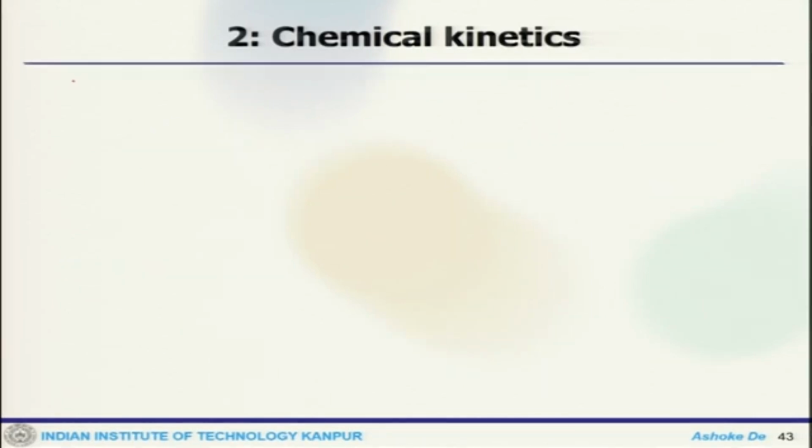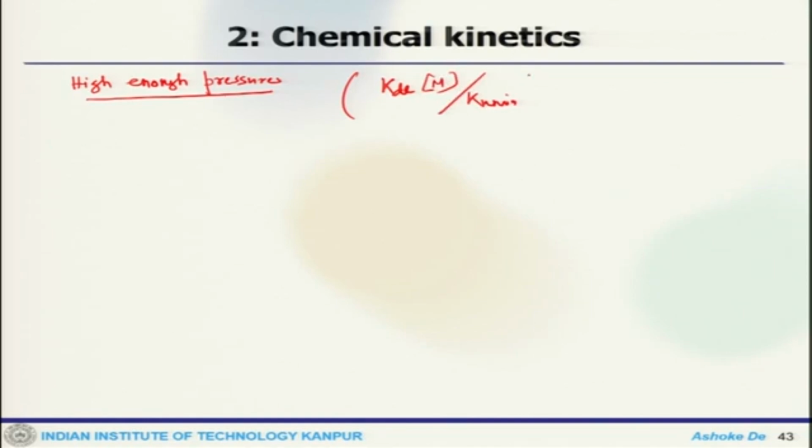Now, if your pressure is high enough, that means K d E m by K unimolecular is greater than 1, because m increases as the pressure is increased.